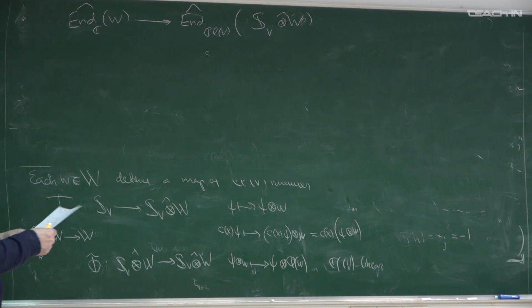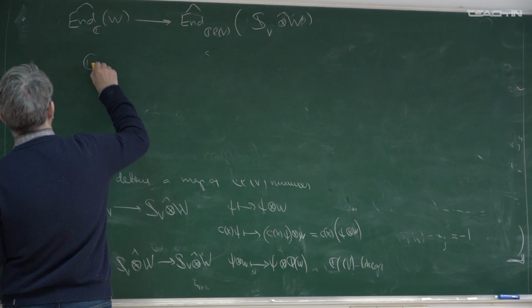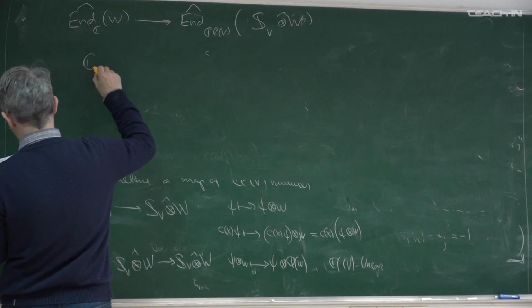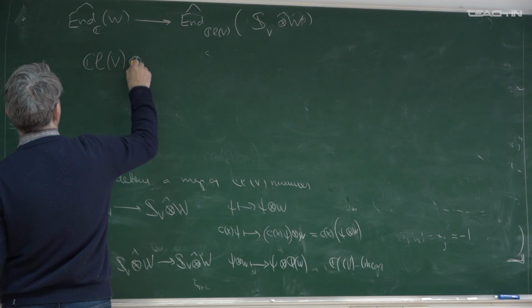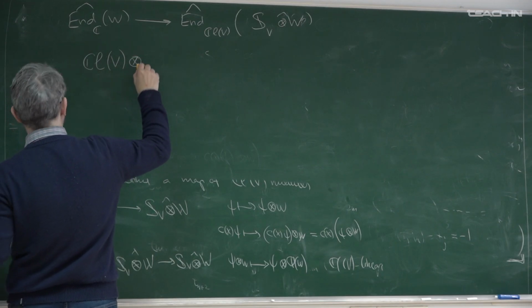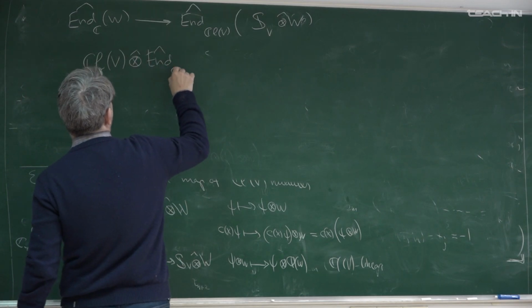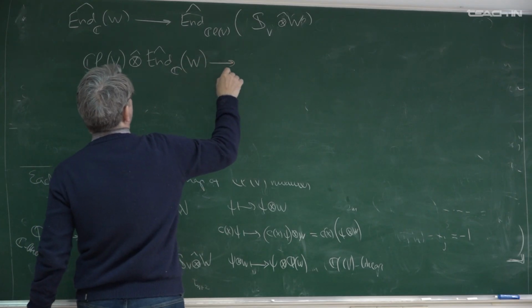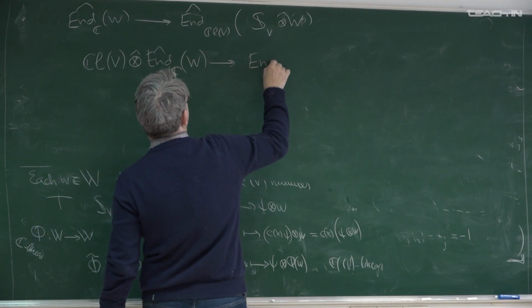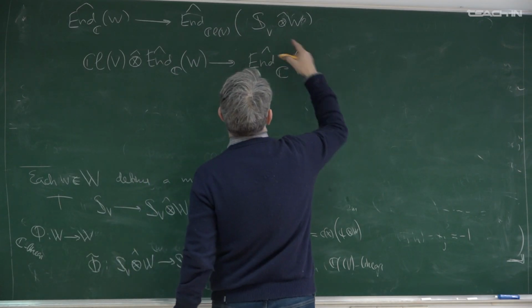Okay. Another way: if I take this thing and write here endomorphisms over C of W, then I can construct endomorphisms over C of this guy.